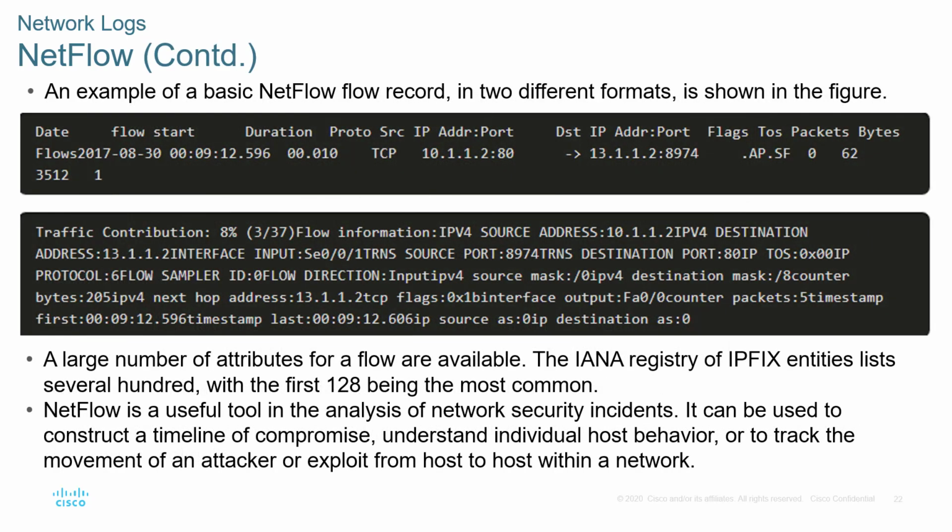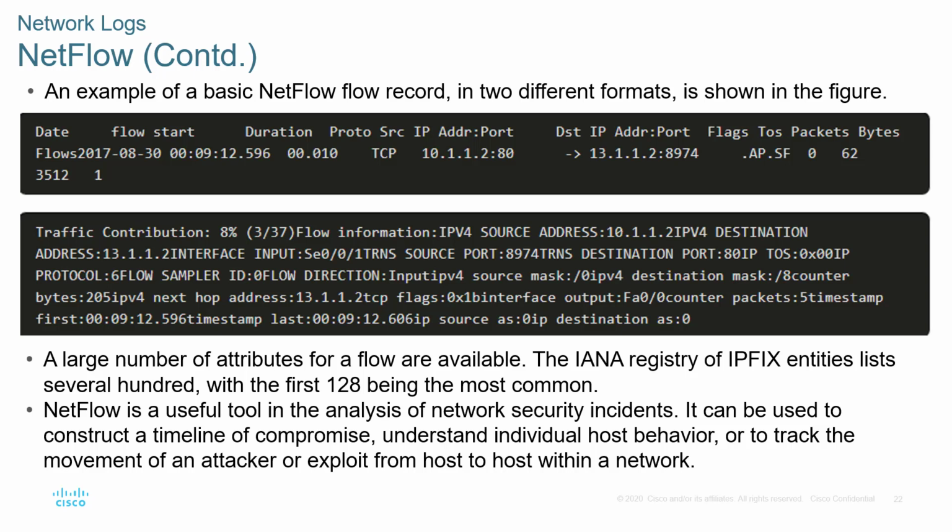Here's an example of a basic Netflow record. It's in two different formats. We have a date, our flow structure, our duration, our protocol, our source and destination, both source IP, source port, destination IP, destination port, and flags.